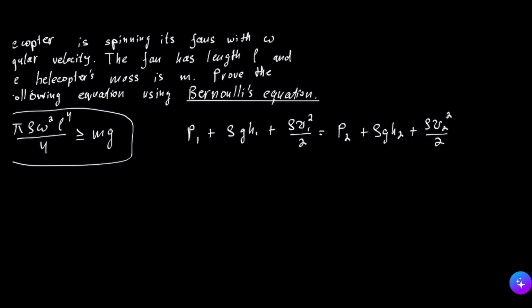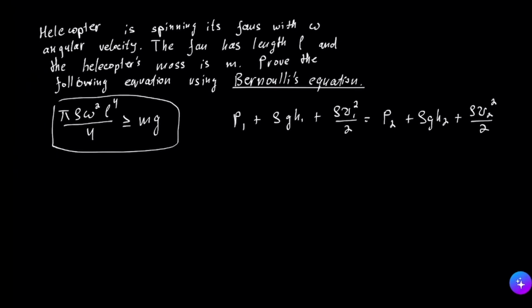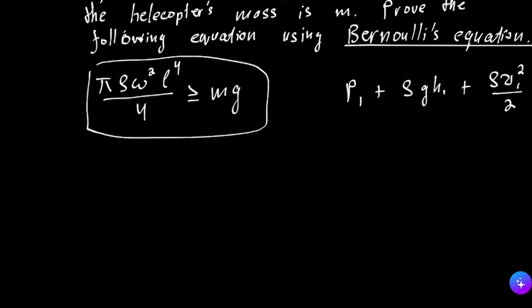So how can you really picture this problem here? Basically, what we have here is mg. What's mg? Mg is the gravitational force that is pulling down the helicopter. And for the helicopter to fly up, it needs to overcome this force that's pulling it down.